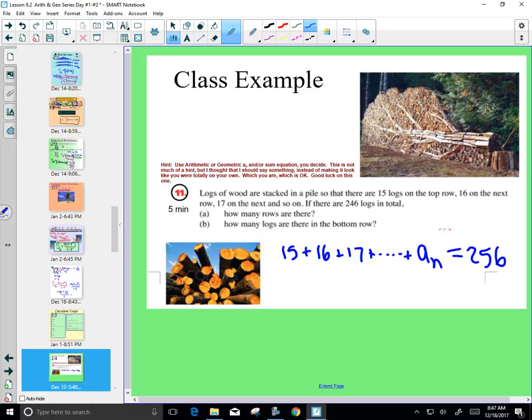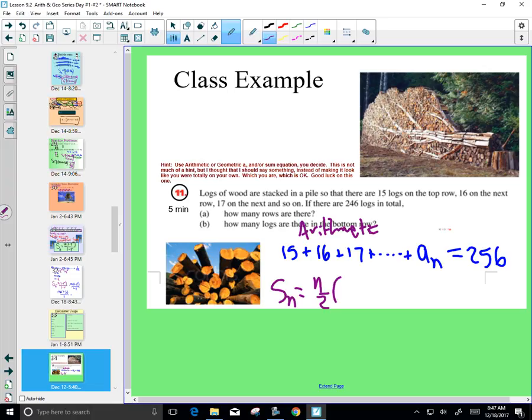Is this arithmetic or geometric? 15, 16, 17. Arithmetic, right? So what's the sum formula for that? Is that number 3 or number 6 on my list up there? For arithmetic, 3. So the sum is n over 2 times the first one plus the last one.